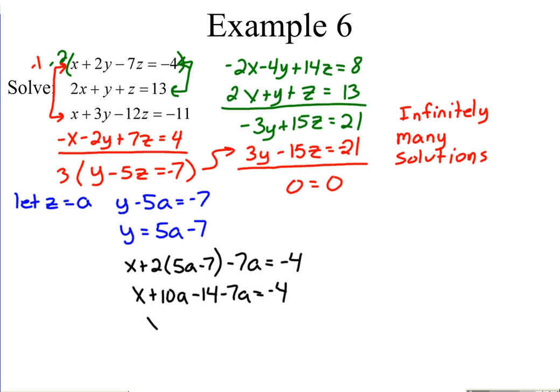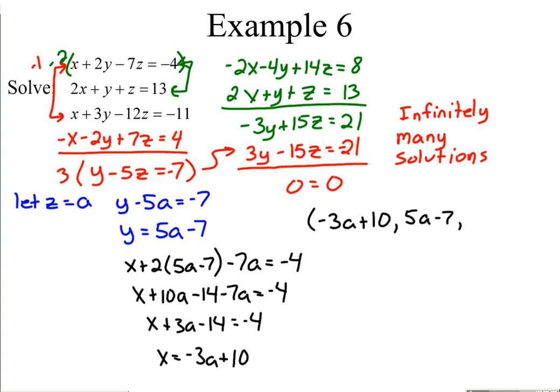Add like terms. Move everything to the other side. We get negative 3a plus 10. So our ordered triple: x is negative 3a plus 10, y we found to be 5a minus 7, and z we know is always equal to a. So there's our general solution.